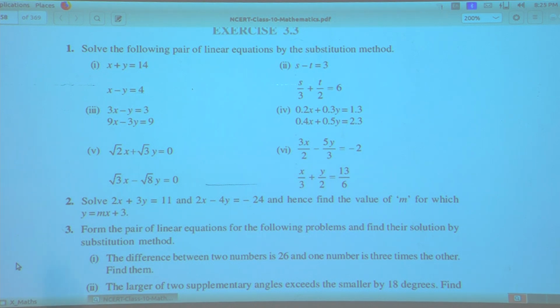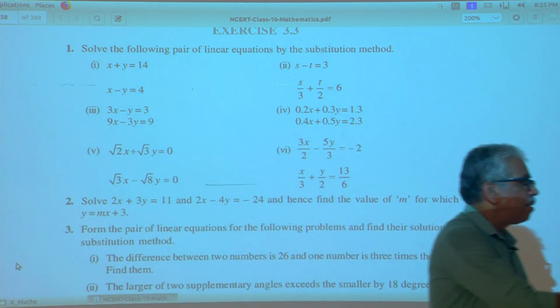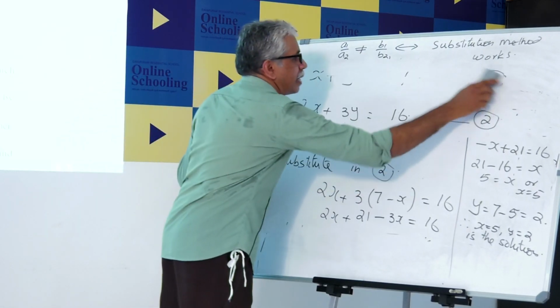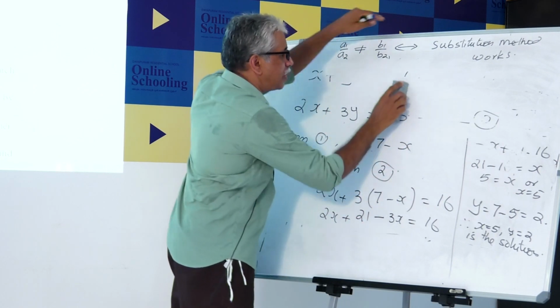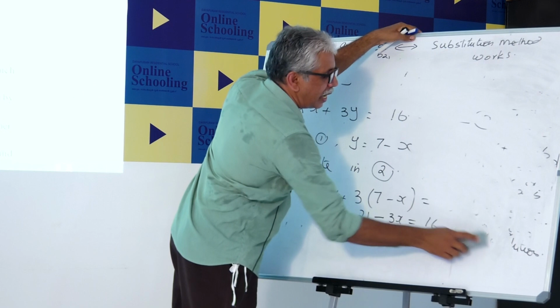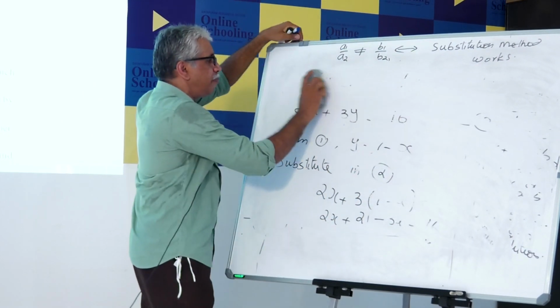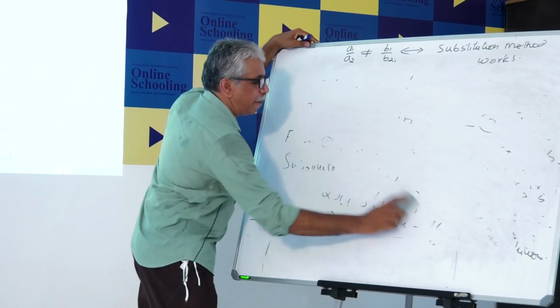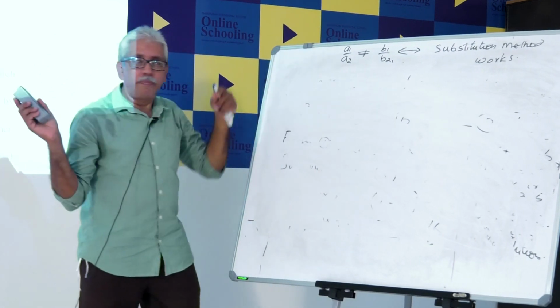Now, let us check which pairs can be solved using the substitution method. So, for the first one, what are a1, b1, c1, a2, b2, c2, etc., and see what values you are getting for a1 by a2 and b1 by b2. So, look at the screen.